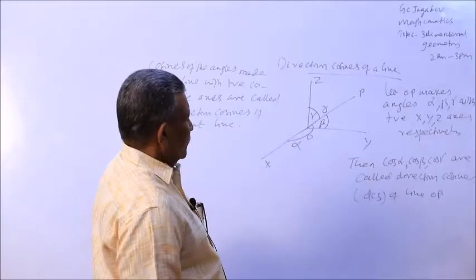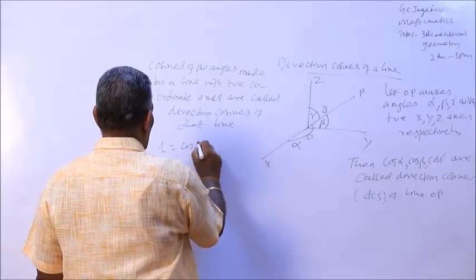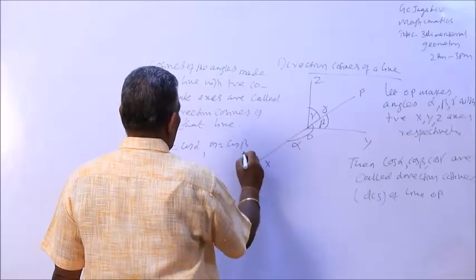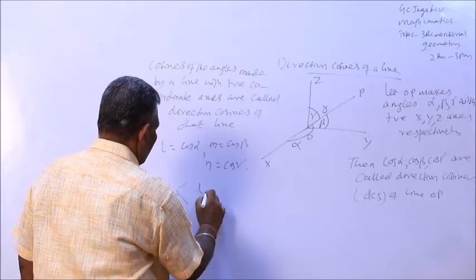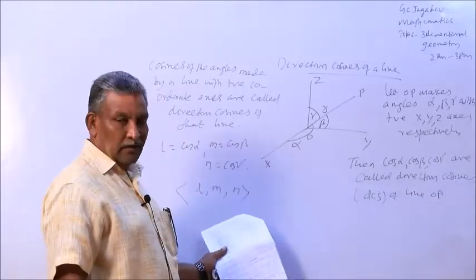So we can use the symbol l equals cos alpha, m equal to cos beta, n equal to cos gamma for DCs, or in bracket form you can write l, m, n, DCs of a line. To represent DCs of a line you can use this bracket.